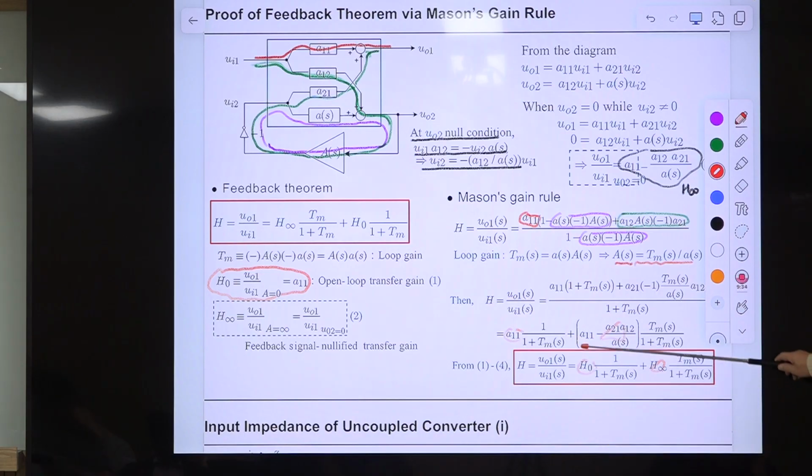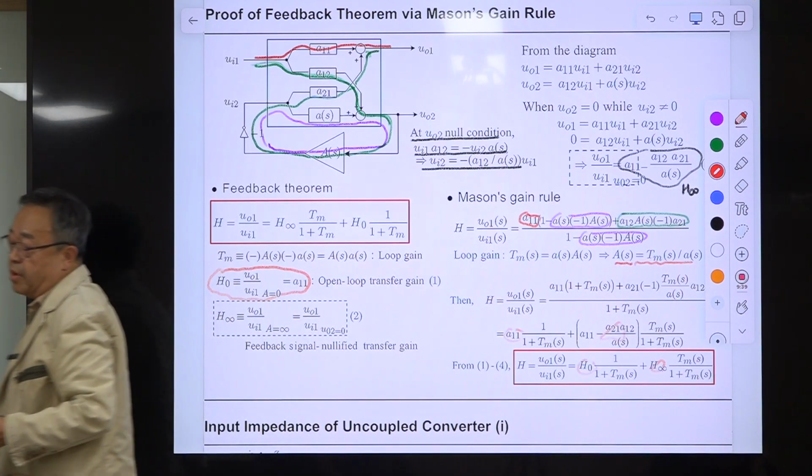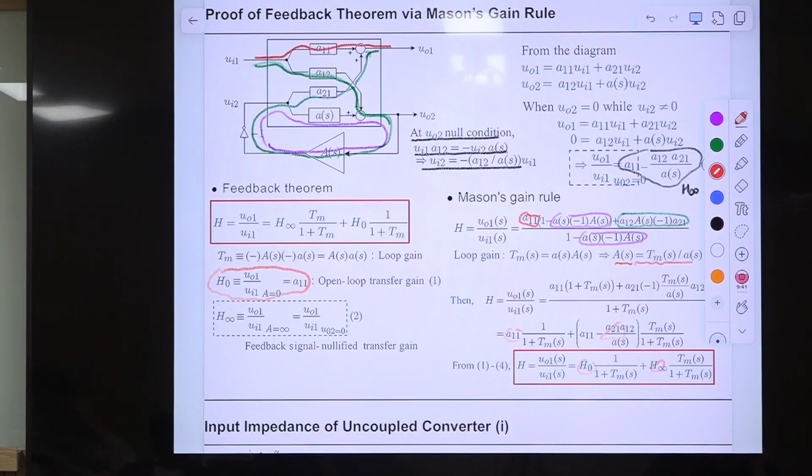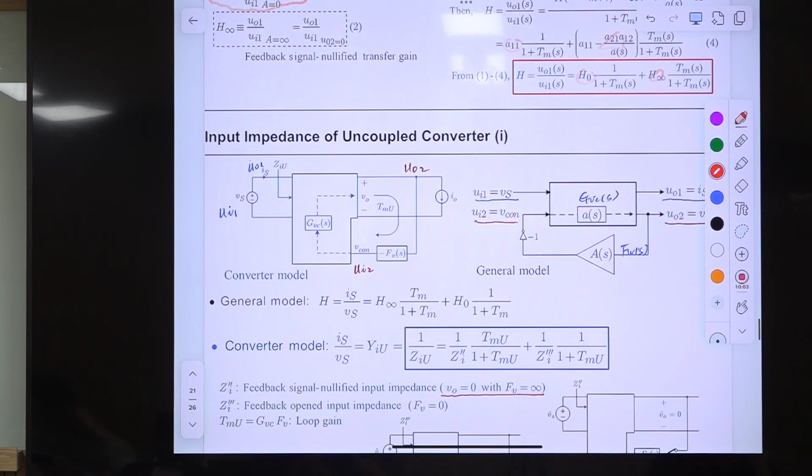So this is proved. This feedback theorem is proved using Mason's gain rule. Probably I need to prove Mason's gain rule, but I assume that rule is okay. That rule was verified a long time ago by Mason, so I don't have to repeat that. All right.